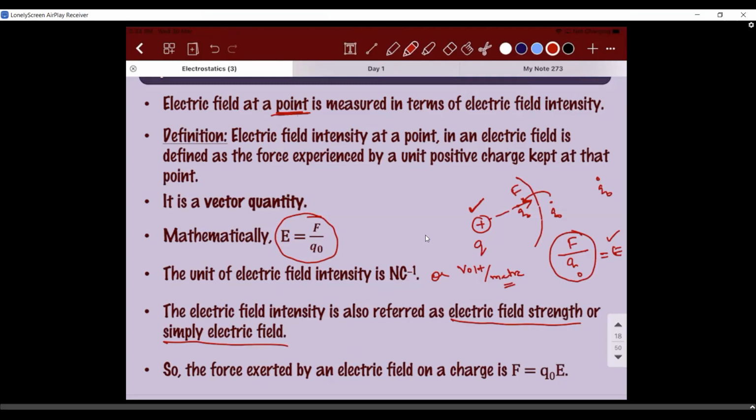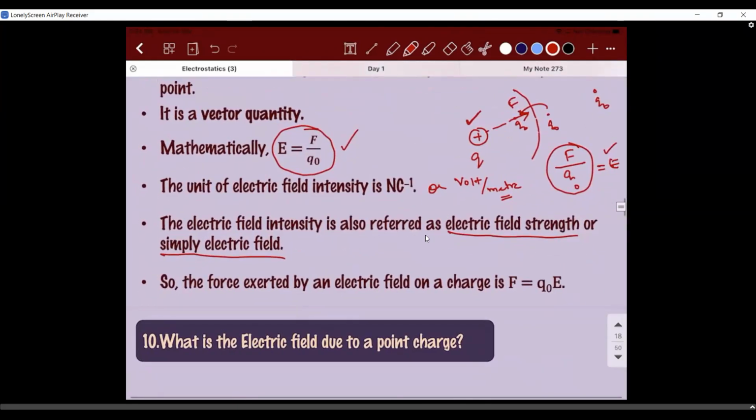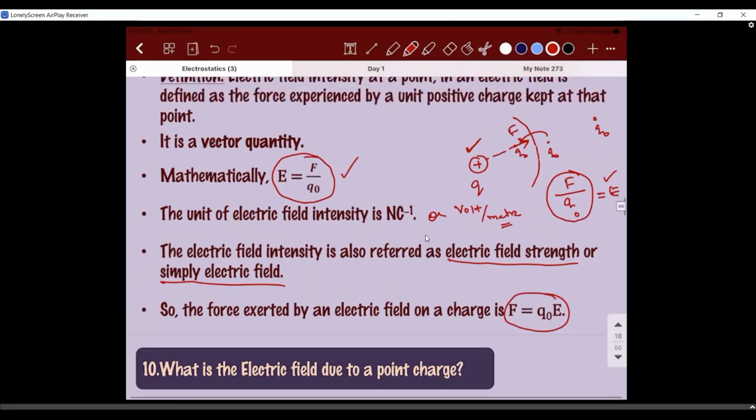With the basic definition of electric field intensity itself. Take the Q naught to the other side, then the force experienced by the test charge in a particular electric field is F is equal to Q naught into E. Guys, am I clear? So F is equal to Q naught into E.